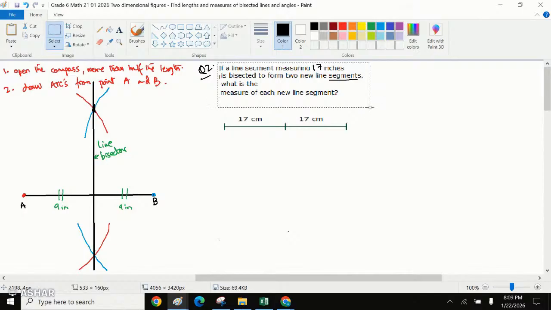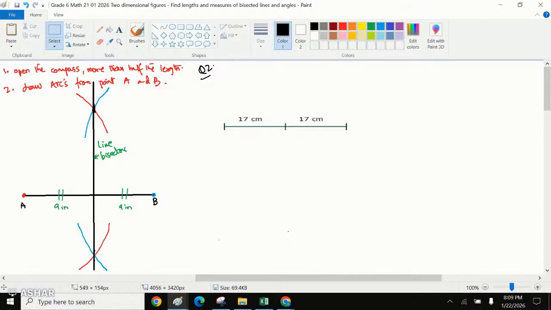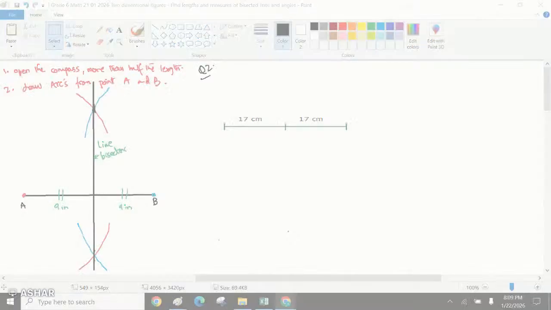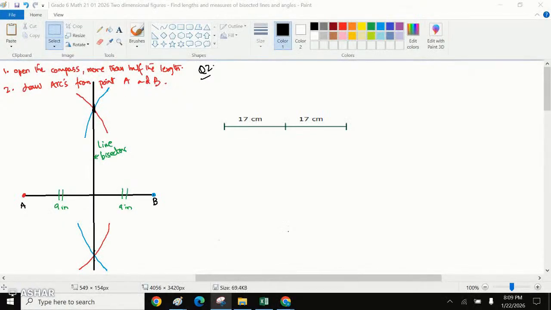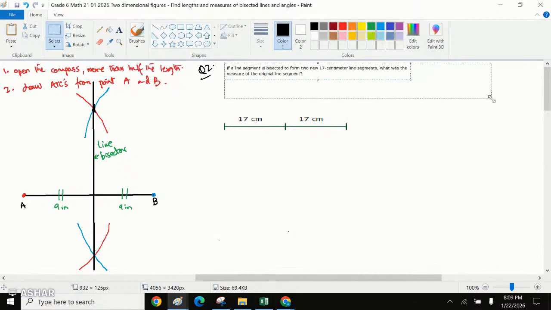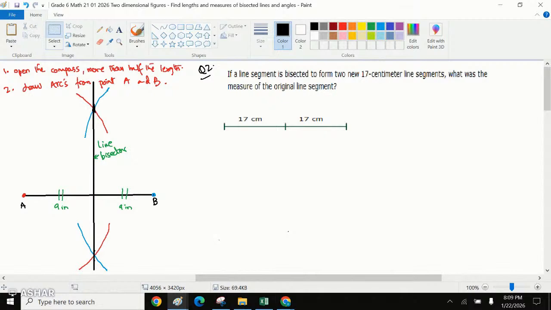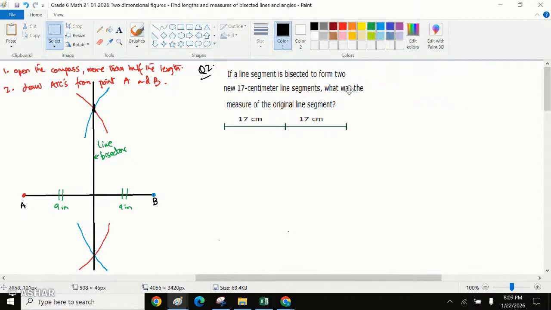If a line segment is bisected and the bisected part of the line segment is 17 centimeters. Okay, I just copied it again so that it's easier for us to read. What they are asking us is what was the original length of the line?